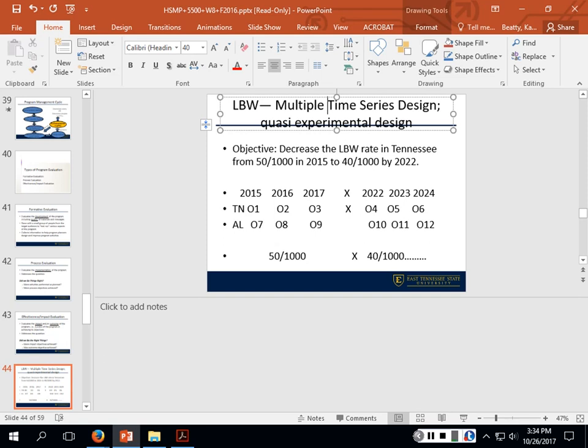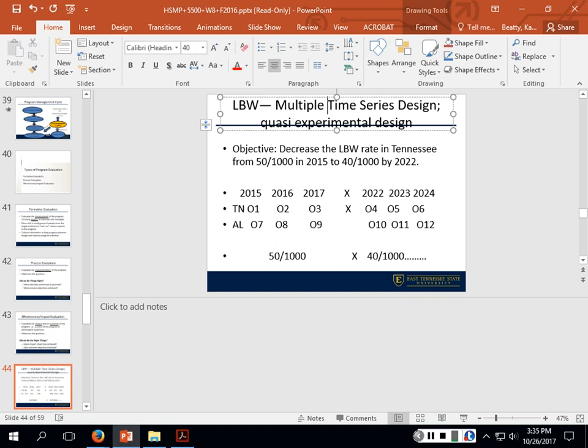So what we need to do is recognize its limitations in our analysis, and to the extent possible, utilize it if it's a cost-effective way of doing things. Because collecting primary data is very, very expensive.